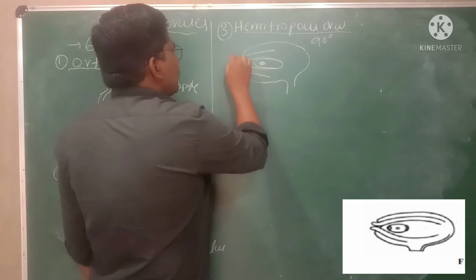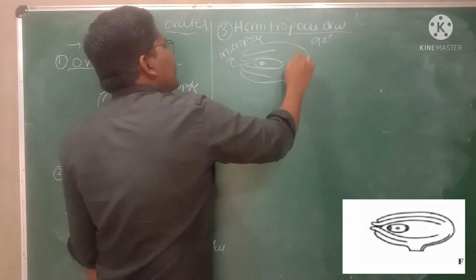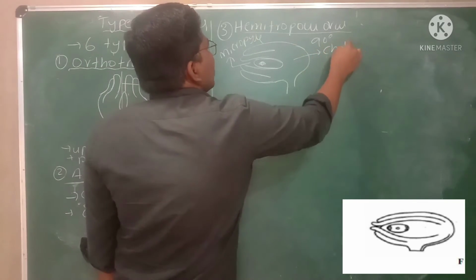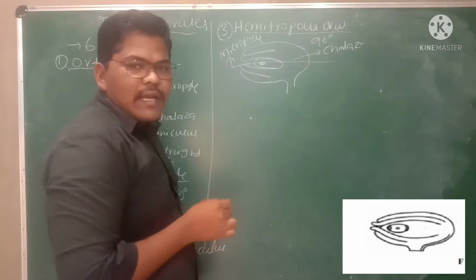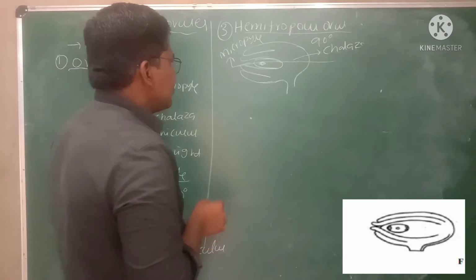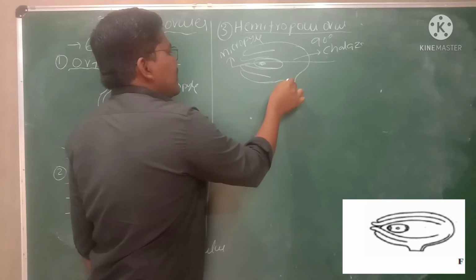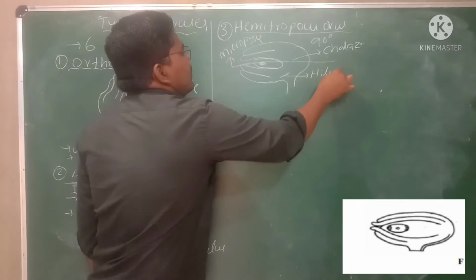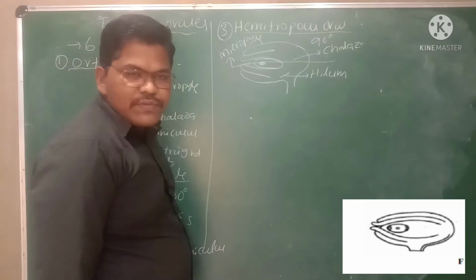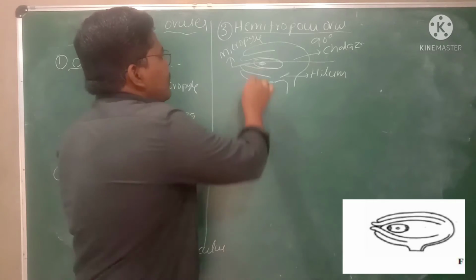In hemitropous ovule, micropyle and chalaza are in a line. The micropyle is away from the hilum. Hilum means the region where the funiculus fuses with the body of ovule.